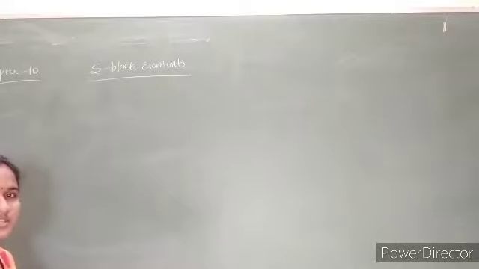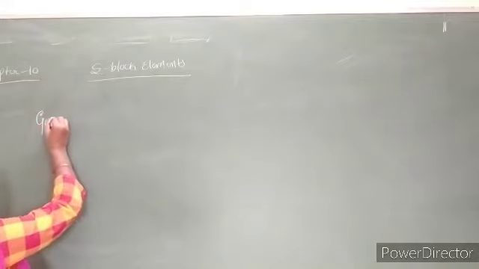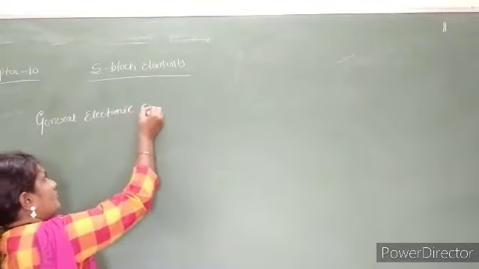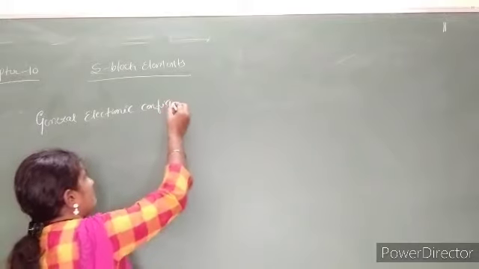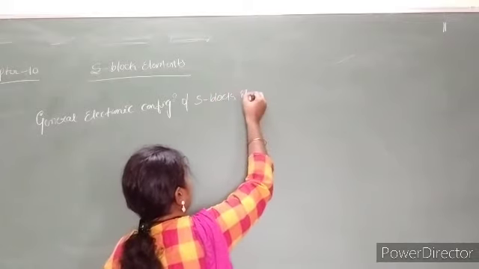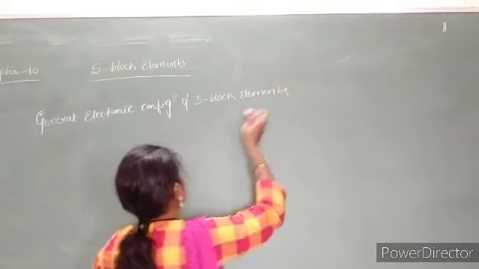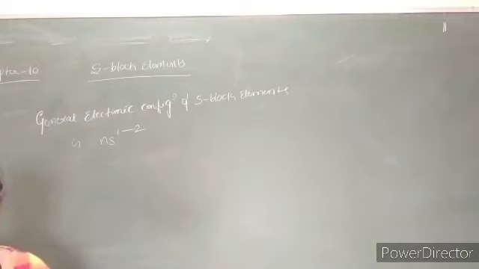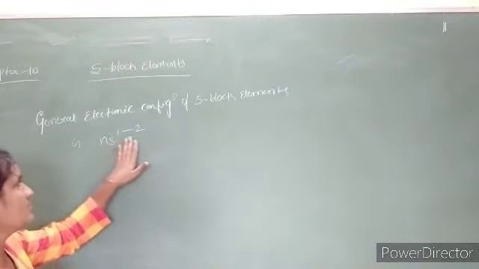Now the general electronic configuration of s block elements is written as n s raised to 1 to 2, because s has a maximum accommodation capacity of only 2 electrons.